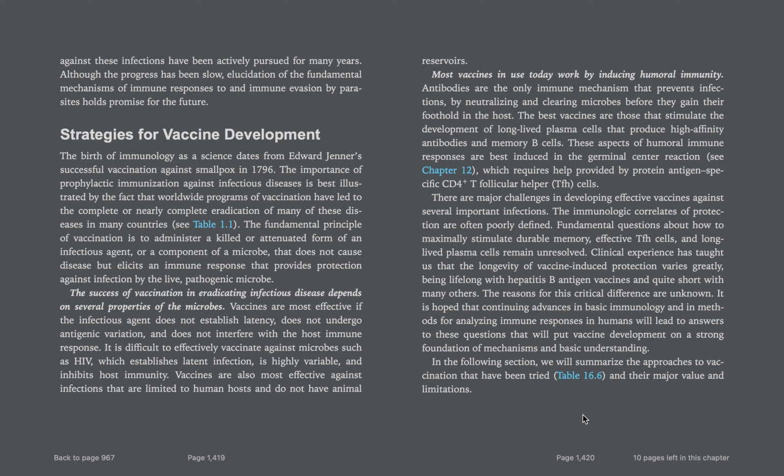Antibodies are the only immune mechanism that prevents infection by neutralizing and clearing microbes before they gain a foothold in the host. The best vaccines are those that stimulate the development of long-lived plasma cells that produce high-affinity antibodies, and memory B cells.